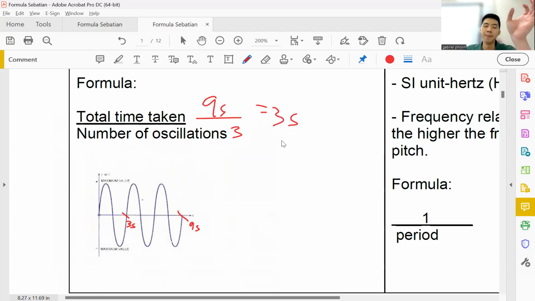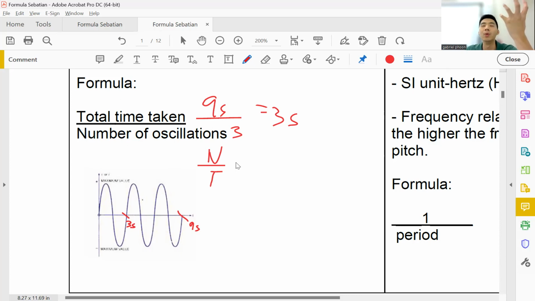Some students, I don't know why, some of them will tell me that it's number of oscillations over time taken, which doesn't make sense, right? Because the fundamental understanding is that period is the time taken. You wouldn't say that, oh, this month I had 2 periods.